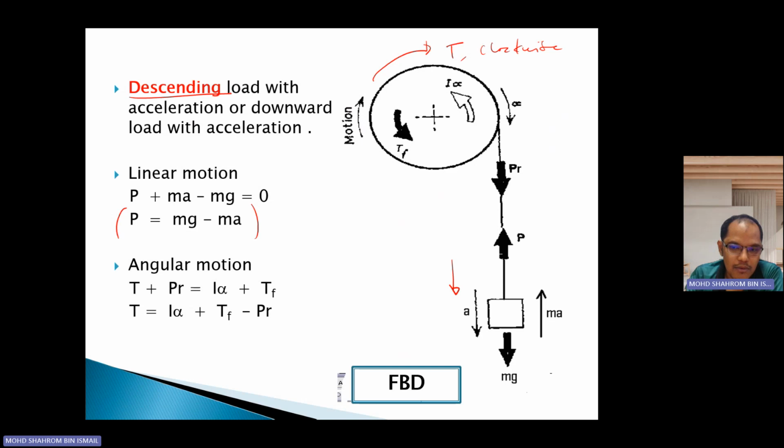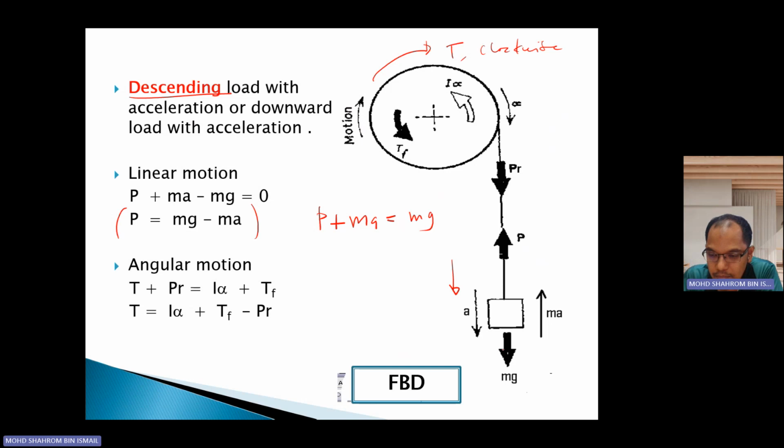Why does it go minus? You see here, P is acting upward. P plus MA equivalent to MG.